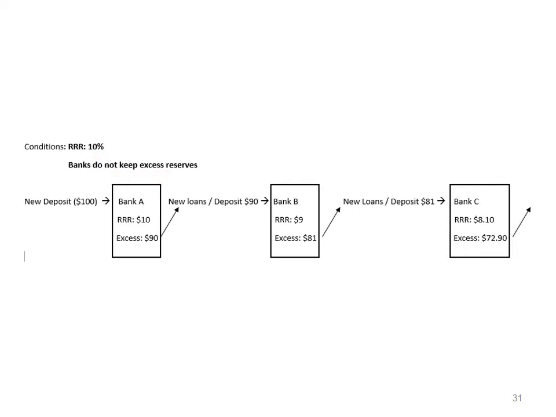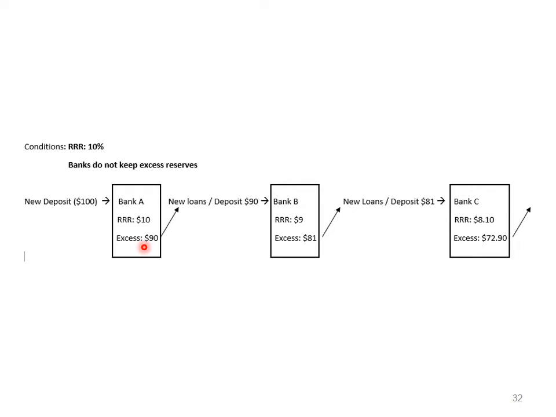Now let's begin the process with a new deposit of $100. Let's assume that this $100 is deposited into Bank A. As per our condition, Bank A must keep 10% of that as RRR, the required reserve ratio. They can lend out the excess 90.